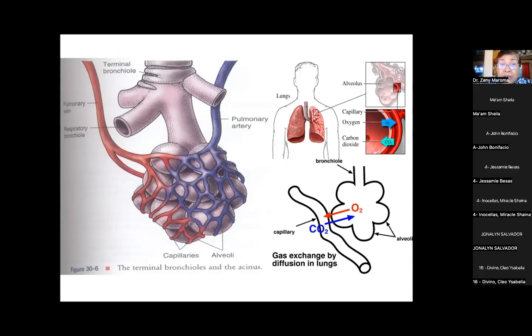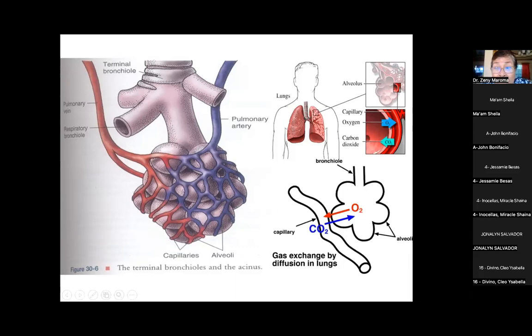Kung ganon, ano ang mga mismatch? Ano yung mismatch ventilation perfusion ratio? Okay, I'll give you an example. There are plenty of secretions. Barado ang airway. Hindi nakapasok ang hangin. Ano mangyayari sa lungs?